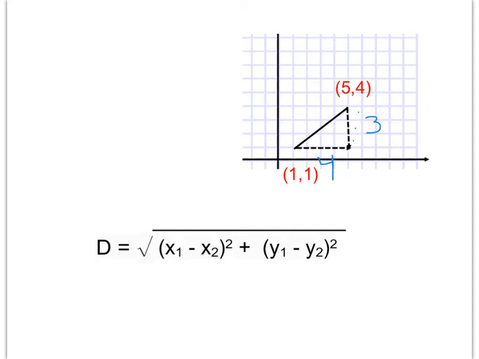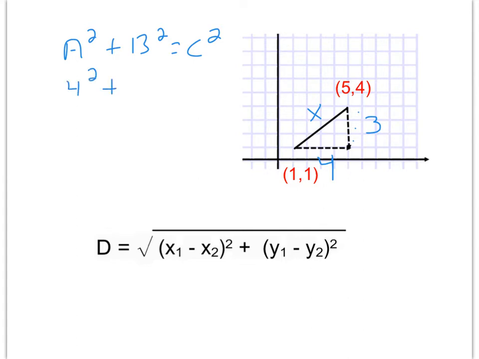So now I'm going to use my Pythagorean theorem and figure out what this missing side is. I know using the Pythagorean theorem that a squared plus b squared is equal to c squared. So the a could be the 4, so that's 4 squared.